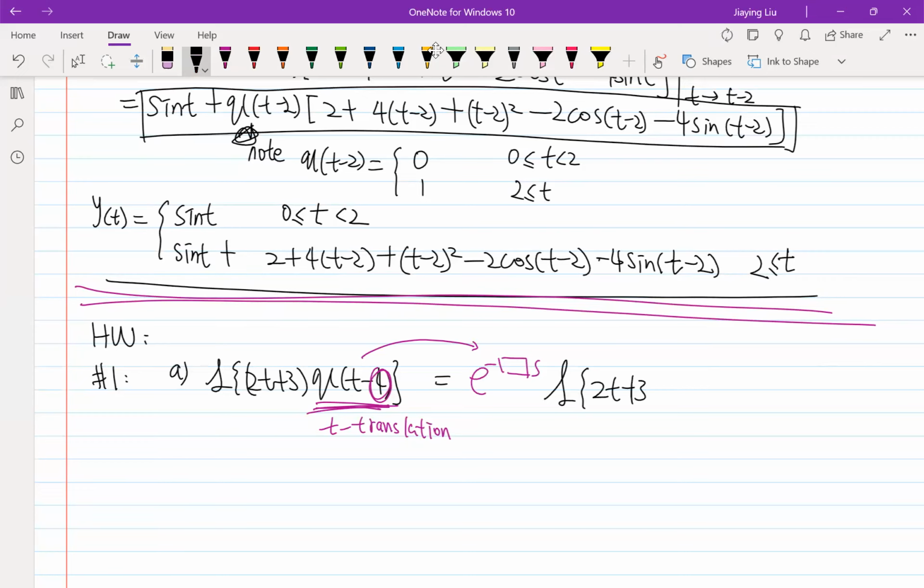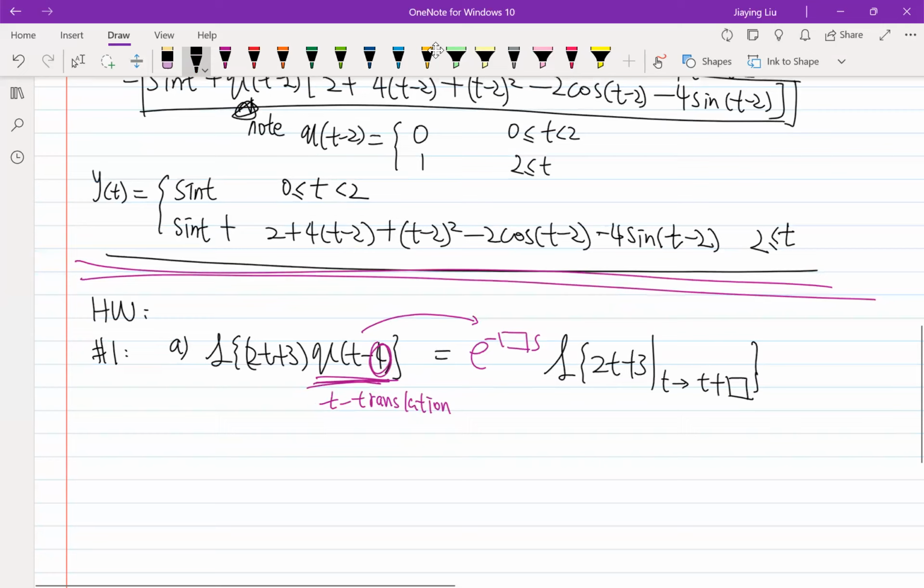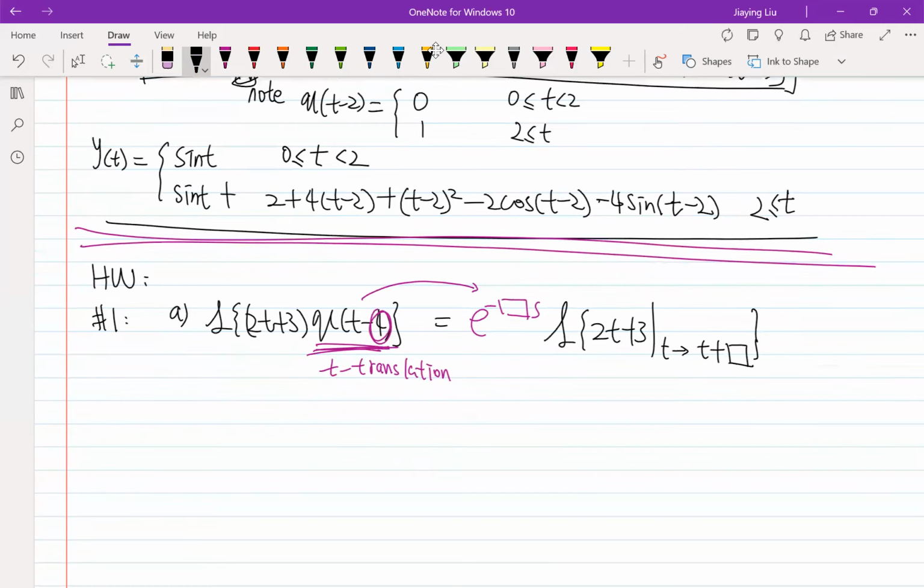But here, instead of just leaving it the way it is, we have to apply a substitution, where t goes to t plus a. And then you should know what a is by now. So that's just the hint I want to give you. So apply the substitution first before you apply the Laplace transform. Feel free to stop me or ask questions at any time when I'm going through this.